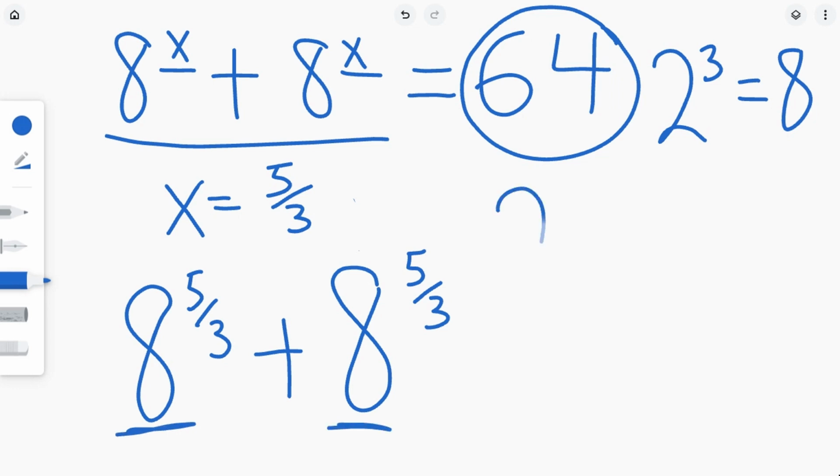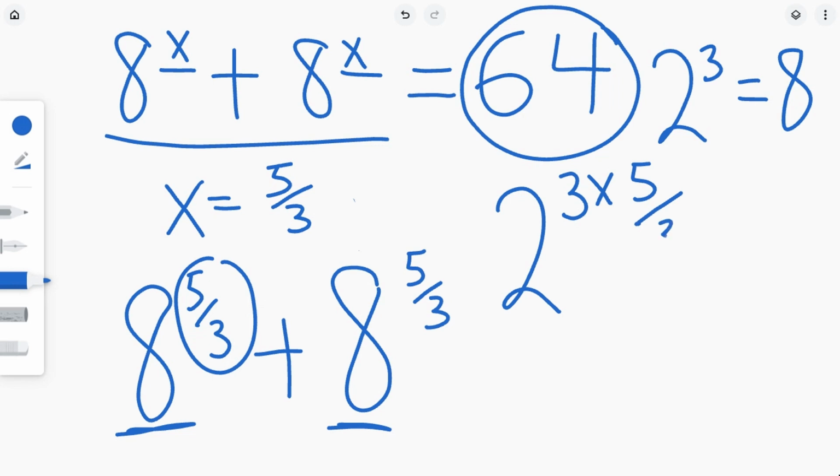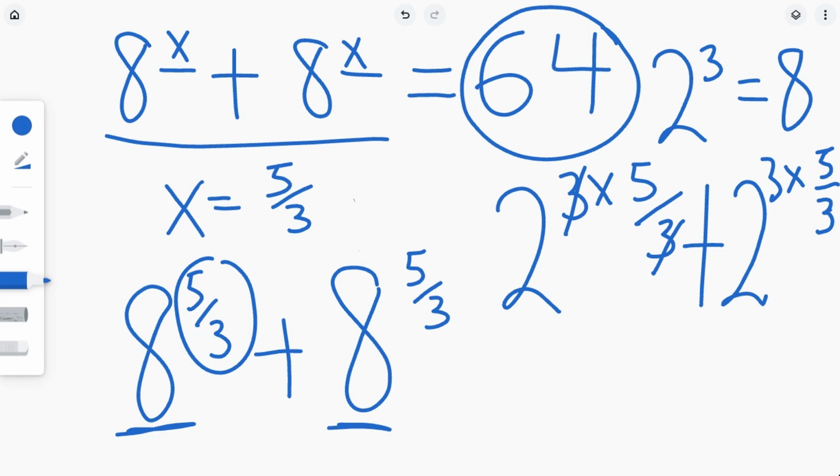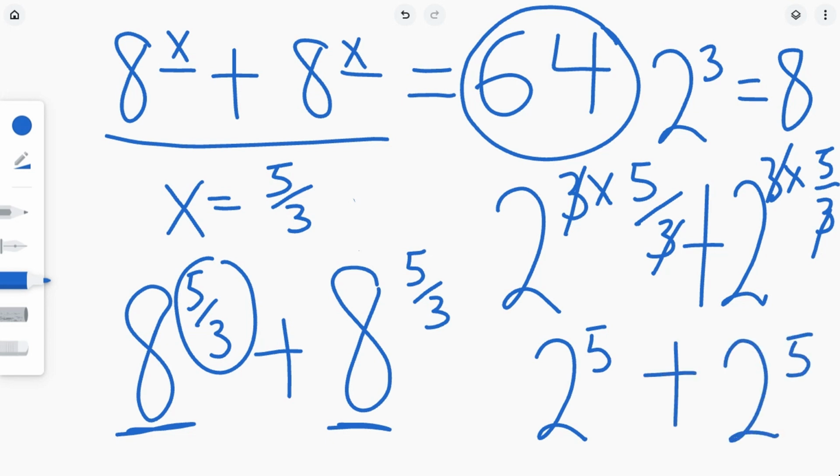So we're gonna change it: 2 raised to the power 3, times the exponent 5 over 3, plus 2 raised to the power 3, because that's also 8, times 5 over 3. Now we can see 3 can cancel out 3, 3 can cancel out 3. Now we have 2 raised to the power 5 plus 2 raised to the power 5.